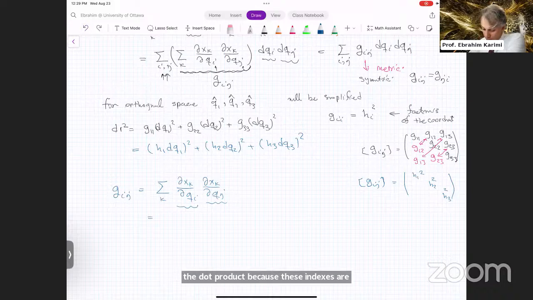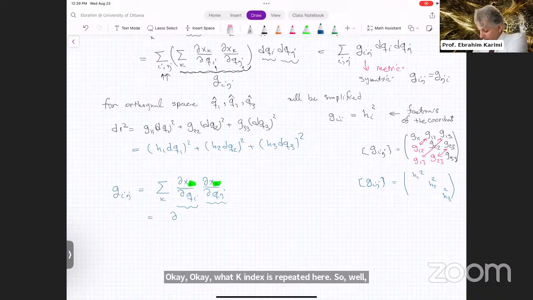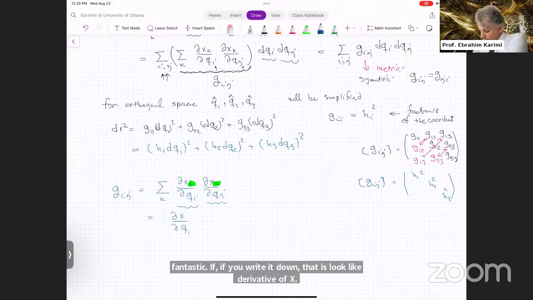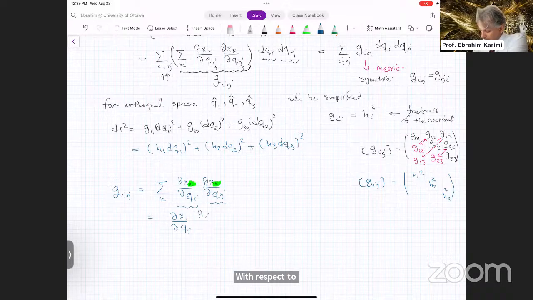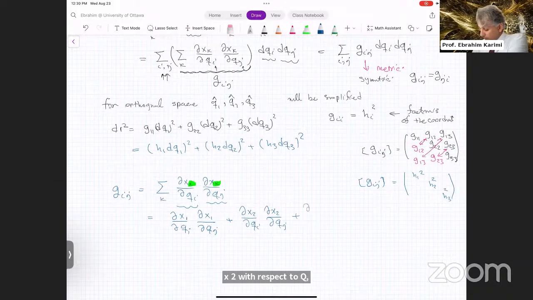Well, if you write it down, that looks like derivative of x1 with respect to Qi, derivative of x1 with respect to Qj, plus derivative of x2 with respect to Qi, derivative of x2 with respect to Qj, plus derivative of x3 with respect to Qi, derivative of x3 with respect to Qj.